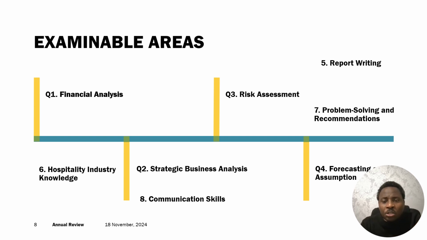Clarity of communication, that is communication skill, will be the last that I will be talking about now. Ensure that your presentation, your findings are effectively addressed to a senior colleague or a client and is balanced technically and is accessible. Accessible means that it gets to where you want it to get to.